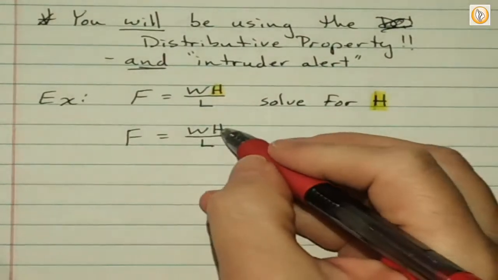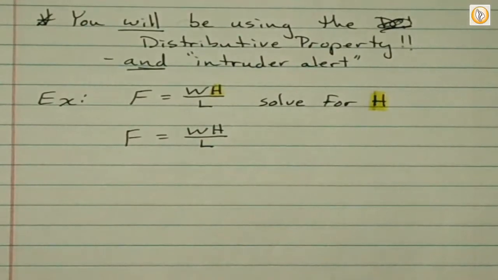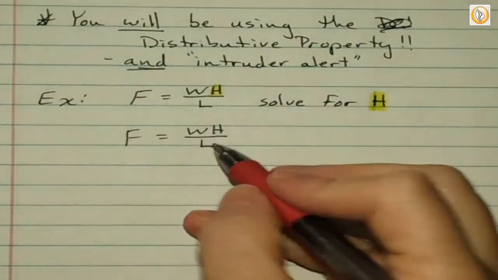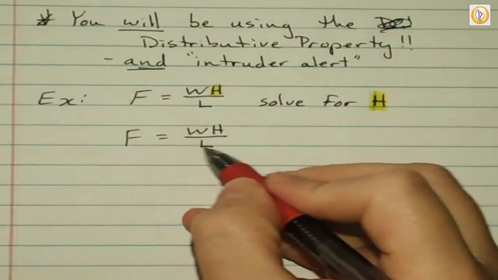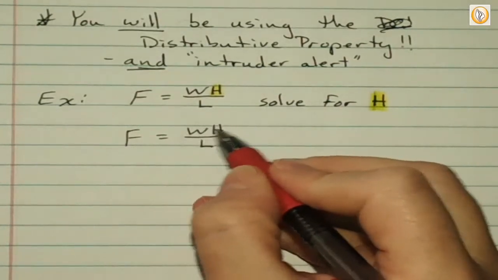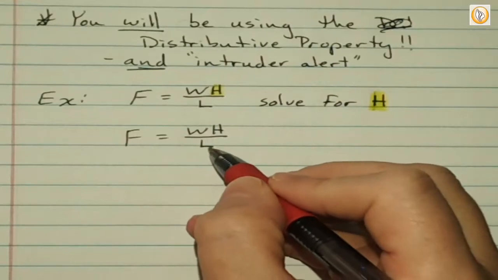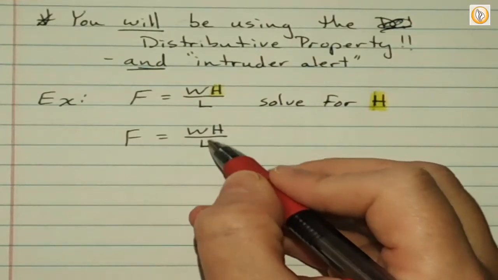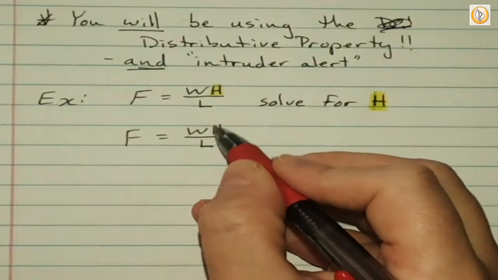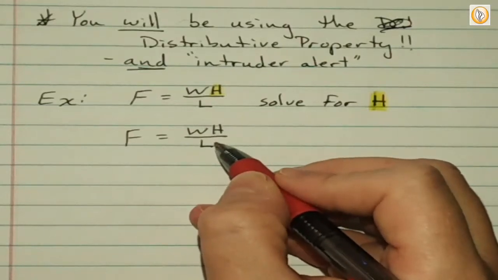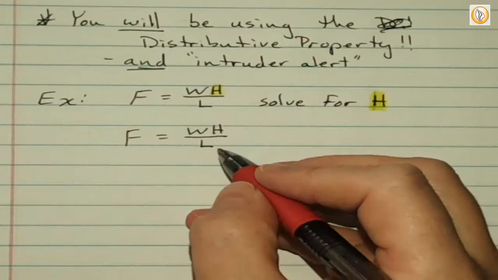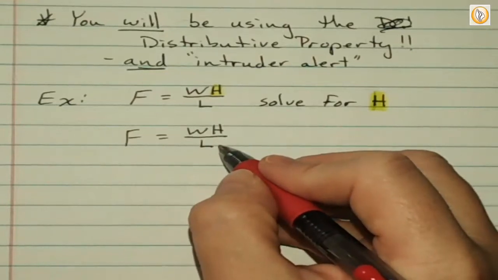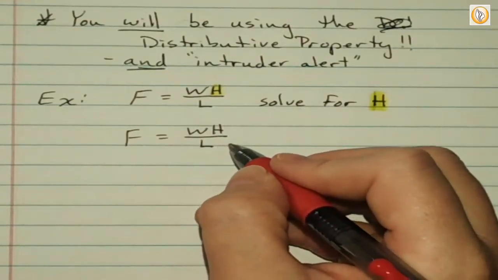If H is you, what is the first intruder that we need to get rid of, Aiden? L. Remember, we get rid of the L first, not the one that's directly doing the damage, but this one first. What operation is taking place right here with the L? You're dividing. So the opposite of dividing is multiplying.